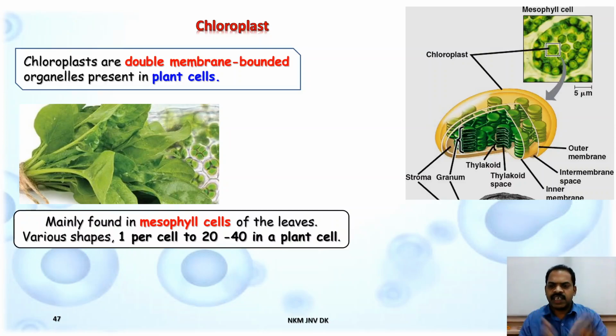We have seen Spirogyra, with spiral shaped chloroplast. Oval shaped, round shaped, various shapes are there in the plant world. But in angiospermic plants, it is normally oval in shape. The number will be large, depending on the type of cell. In the leaf, their number will be very high per plant cell.